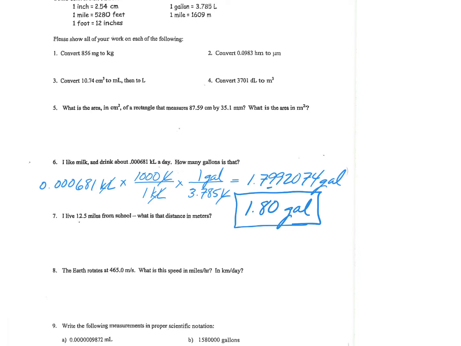Looking at the 2 9s here, right? I want 3 significant figures, so that last 9 has got to go. I'm going to round that 9 to the left up to 10, right? So that's going to make that 80. So 1.80 gallons. I'm looking at number 5 now, and I'd like to try that one with you guys, okay?